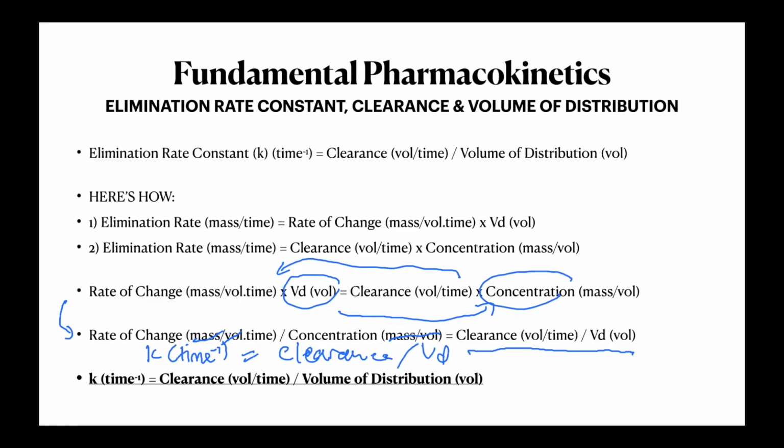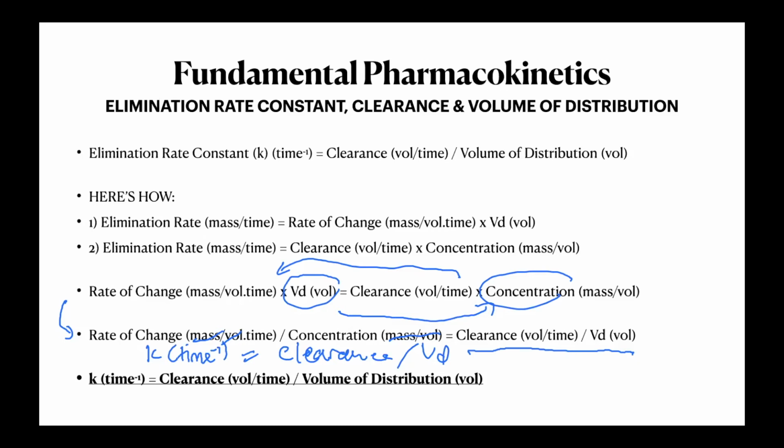In other words, if you increase the clearance of a drug, you're increasing the fraction of the current plasma concentration of the drug that is removed per unit time. In other words, you are increasing your elimination rate constant.